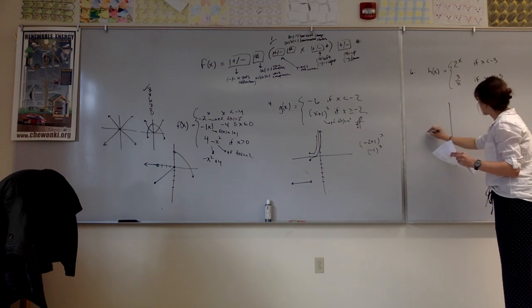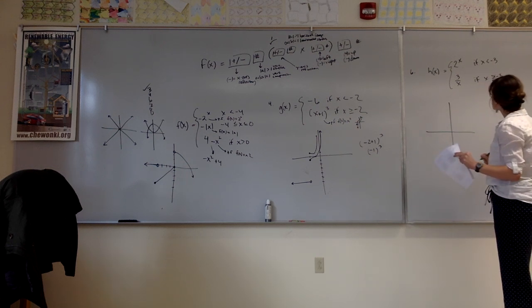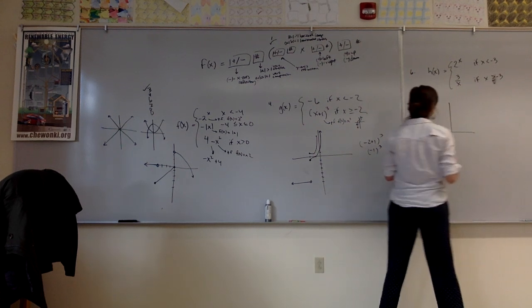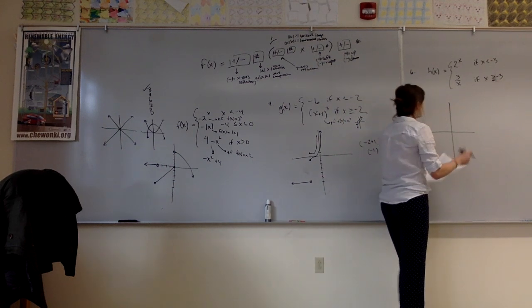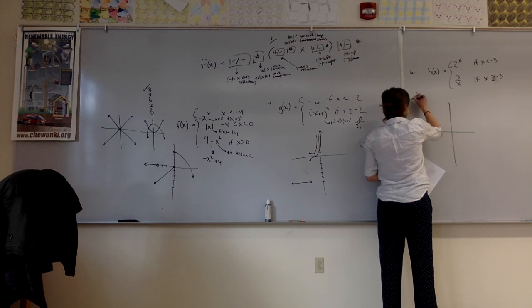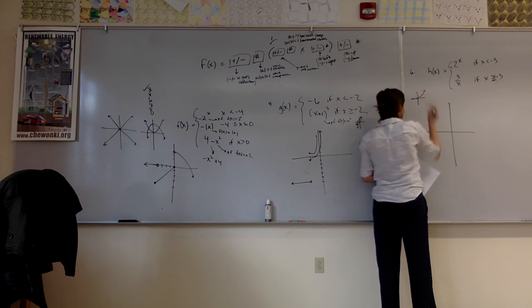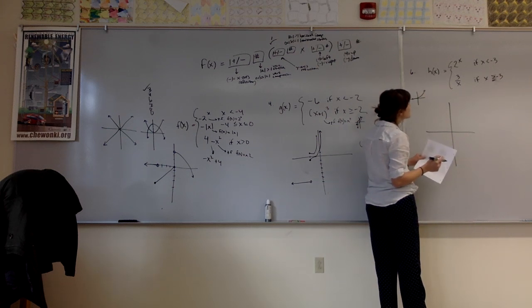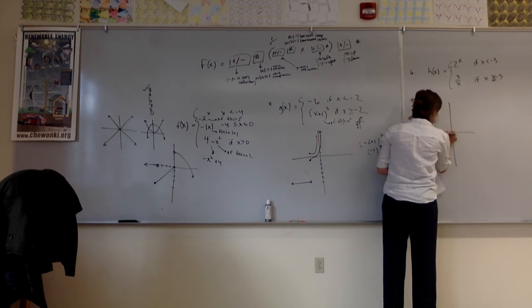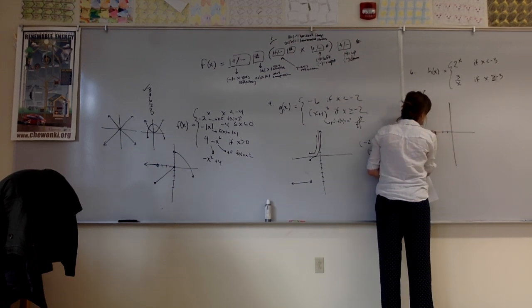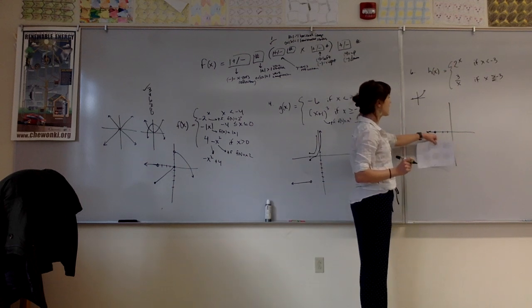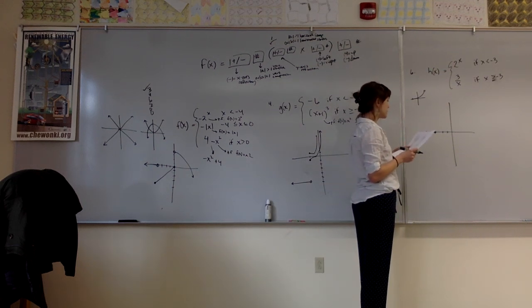So here I have an exponential function, the opposite of logarithmic. My first parent function looks something like this. If it's less than negative 3, I'm going to have an open circle here, and then essentially a line as close to 0 as I can get going to the left here.